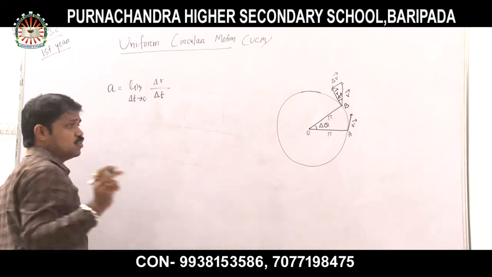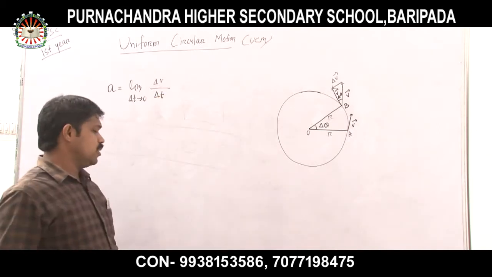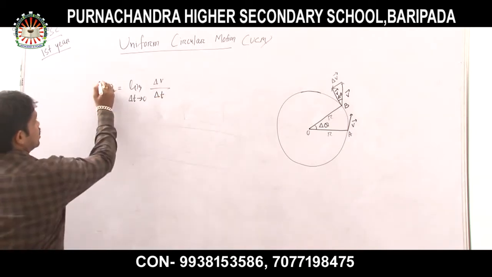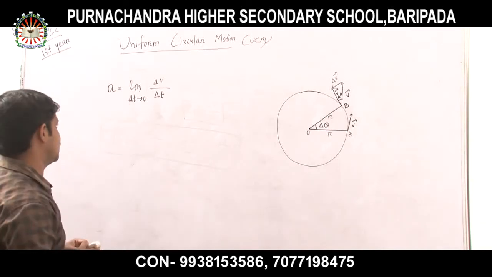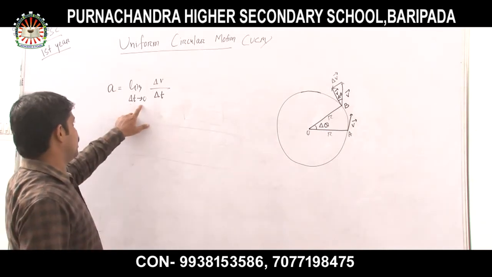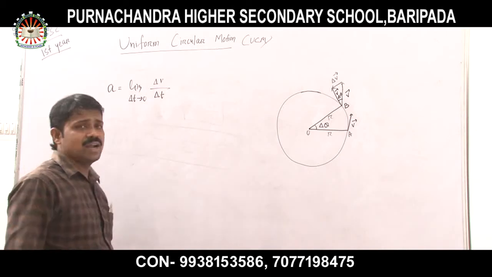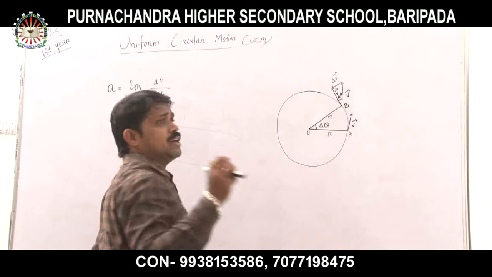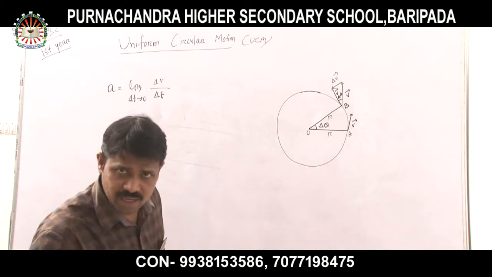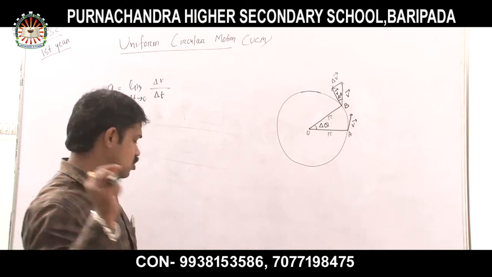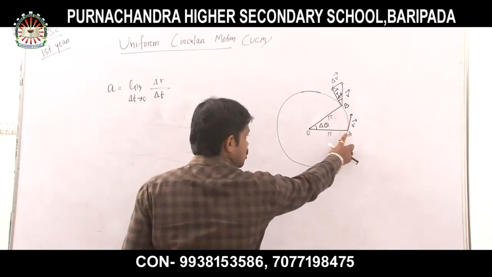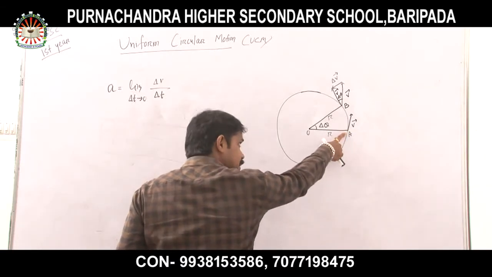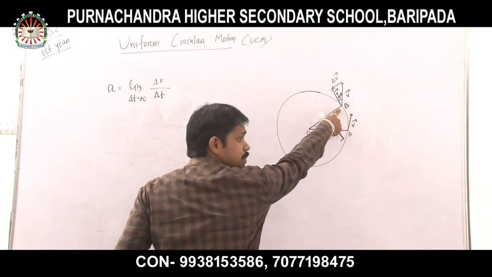This we already know. So all of you look at the figure very carefully. Suppose I am assuming that an object is in uniform circular motion, it starts its journey from A and ends its journey at B.